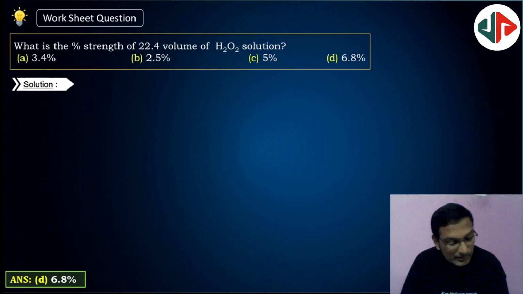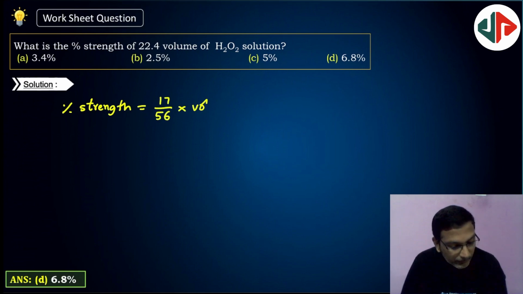This is also a simple question. What is the percentage strength of H2O2? Here is a simple formula. Percentage strength equals 17 by 56 into volume strength. This is a simple formula in the case of H2O2.